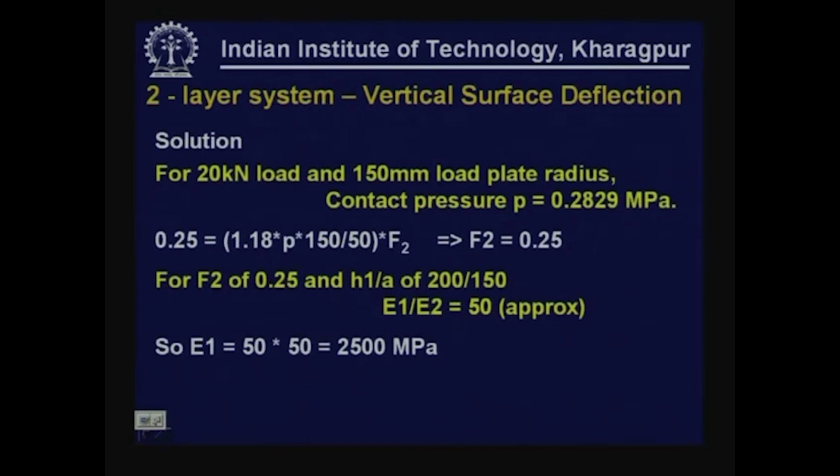For an F2 value of 0.25 and H1 by A of 200 by 150, H1 is the thickness of the pavement layer, this is already given, the E1 by E2 works out to be approximately 50 from the previous chart. So, E1 by E2 is equal to 50, therefore, E1 equal to 50 into E2, that is also 50. So, E1 works out to be 2500 MPa.